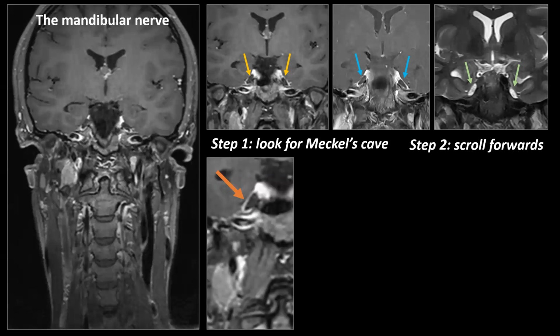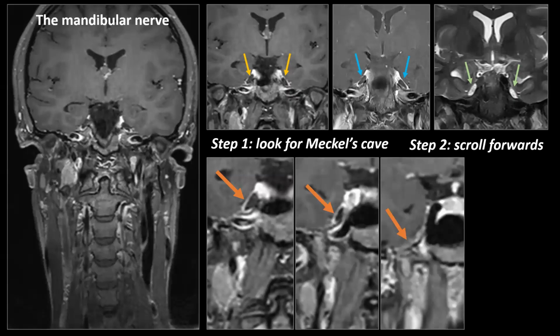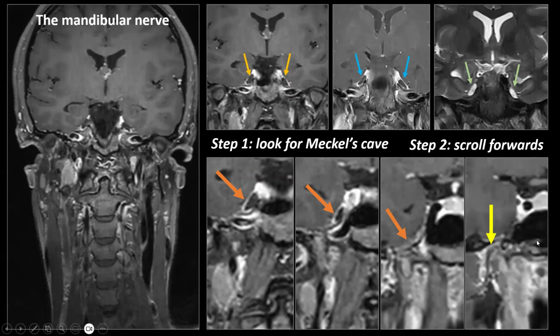And if we scroll forward over here, we see Meckel's cave becoming smaller until it disappears. And if we scroll a little bit more, we suddenly see this linear structure over here exiting Meckel's cave and entering the masticator space. And this is the mandibular nerve of the trigeminal nerve. So it's the mandibular branch of the trigeminal nerve.